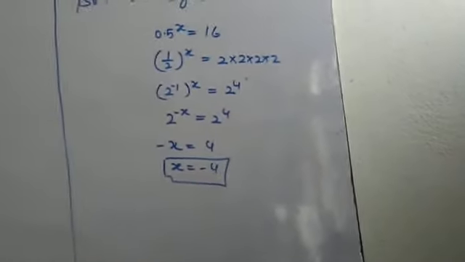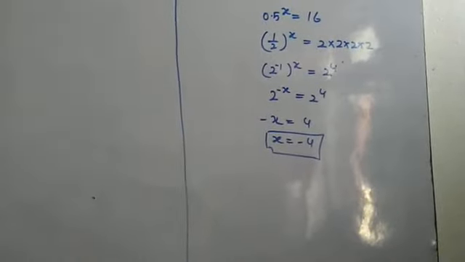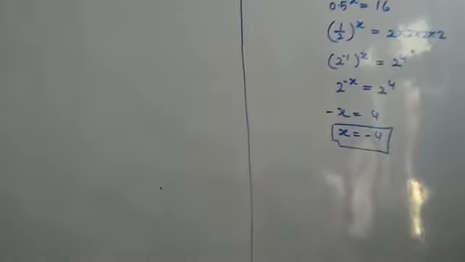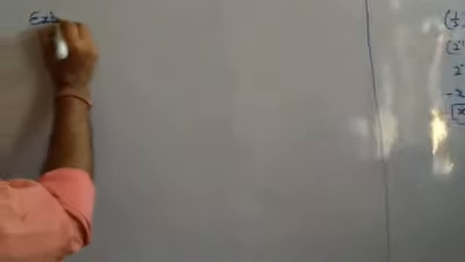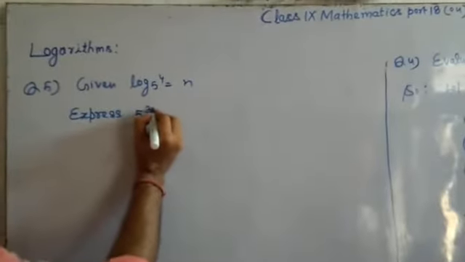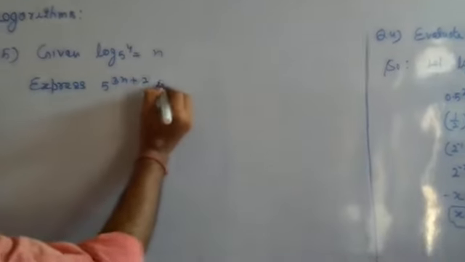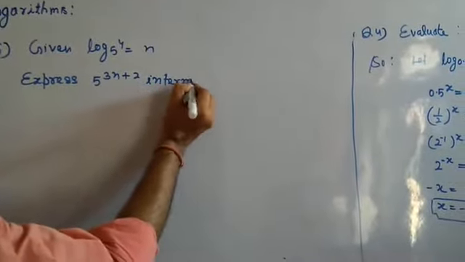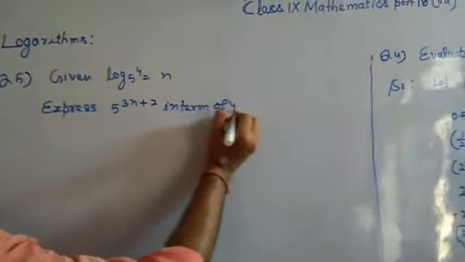Question 5. Given log y at base 5 equals n, express 5 power 3n plus 2 in terms of y.